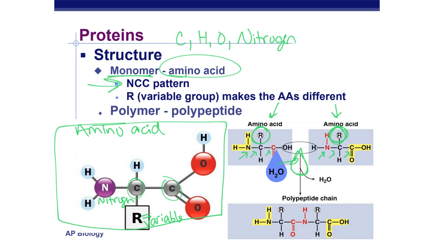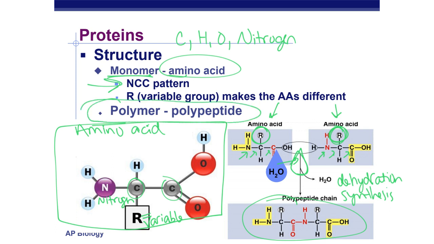And when I join those two amino acids together, remember I'm losing water and I'm making something. So this is an example of a dehydration synthesis reaction. I make the polymer, which is the polypeptide. Poly means many. I make those peptide bonds.